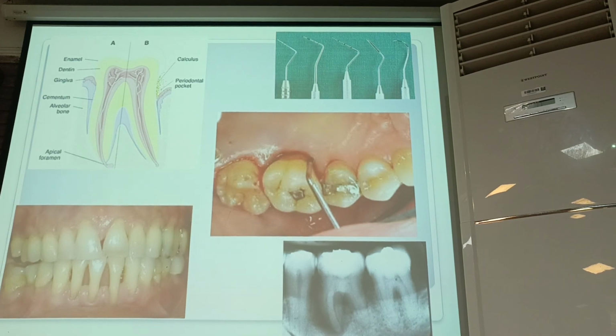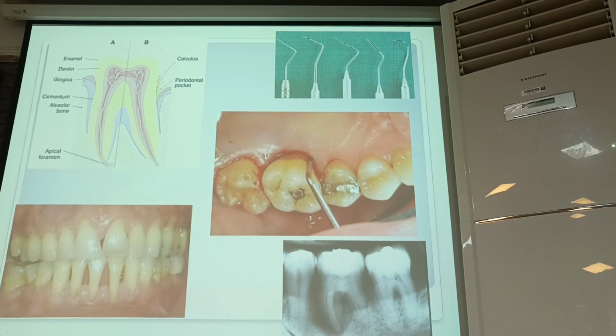You can see here in the radiograph, bone loss, this dark area, and it leads to tooth loosening. And the clinical appearance is, for example, long crowns of the teeth because of bone loss.